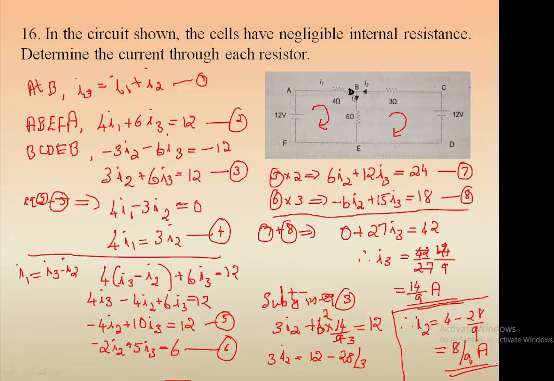Since we have I3 and I2, we can find the value of I1. So I think we can easily calculate it using equation number 4, that is 4I1 equals 3I2.